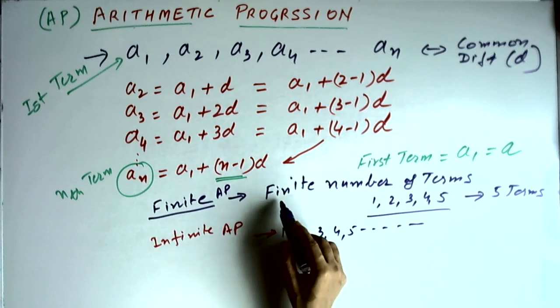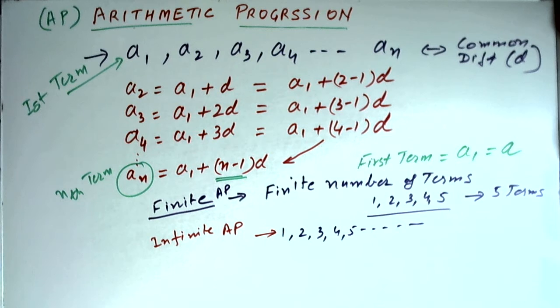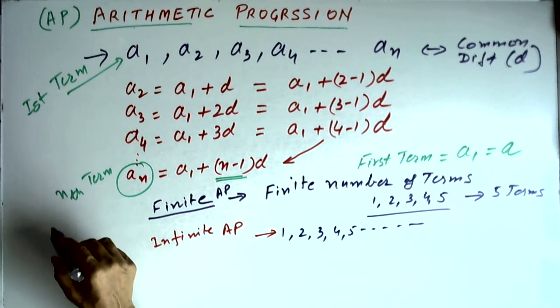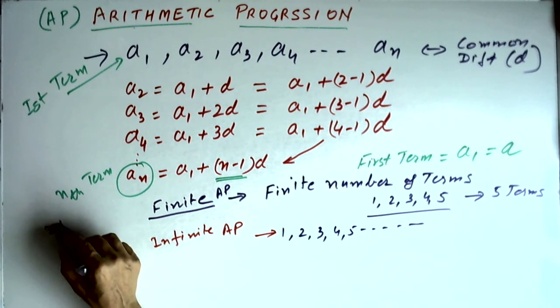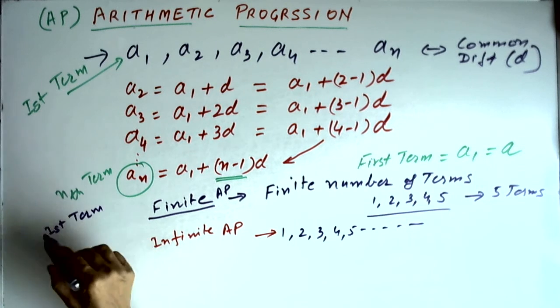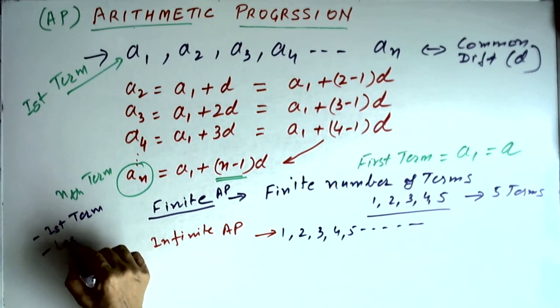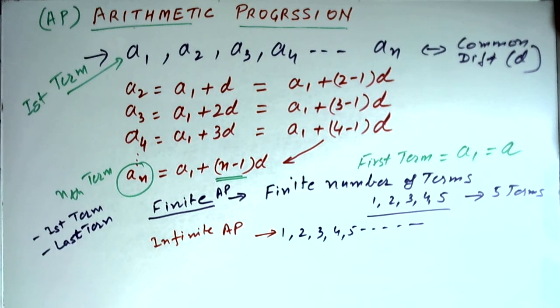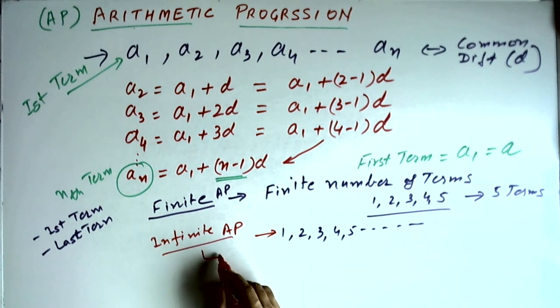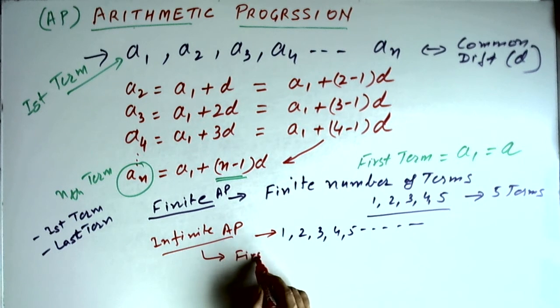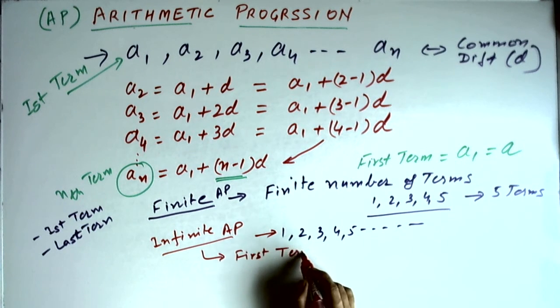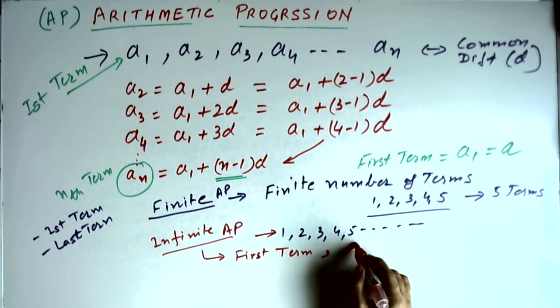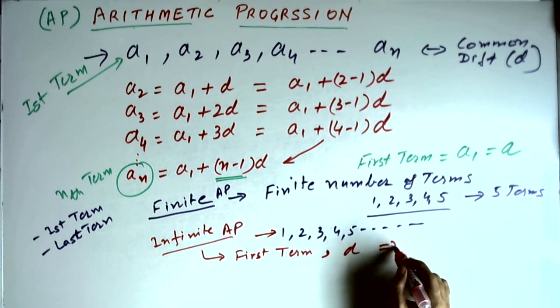Finite AP means there is a predefined number of terms. So in finite AP, we will know the first term, the last term, and the number of terms. Whereas in case of infinite AP, we will only know the first term and the difference, so what we need to know is A and D.